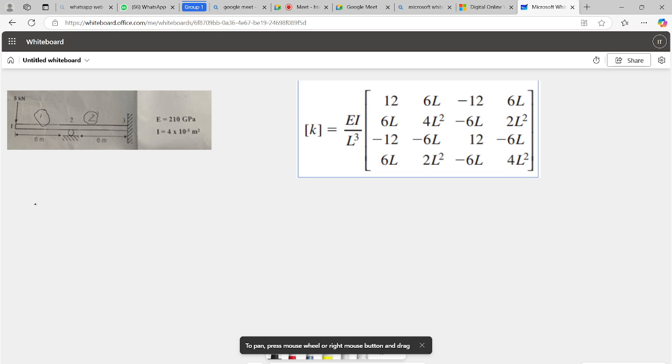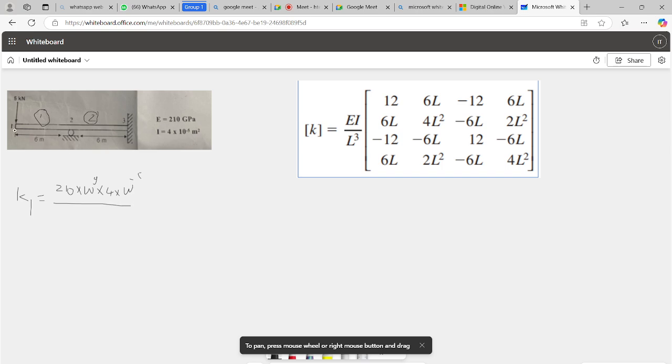So for element 1, I will call it K1. What is K1? It is EI over L cube. What is E? E is given. You can see here. So for element 1, you will have 2.1 times 10 to the 9, multiplied by I, which is 4 times 10 to the minus 5, everything divided by L cube.